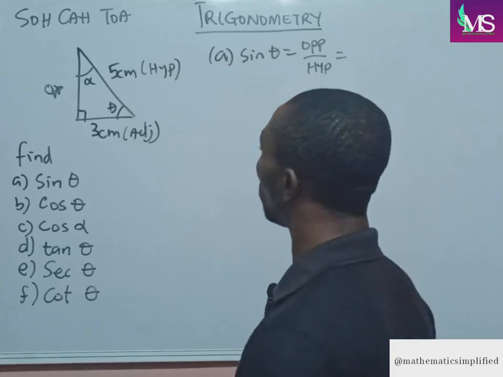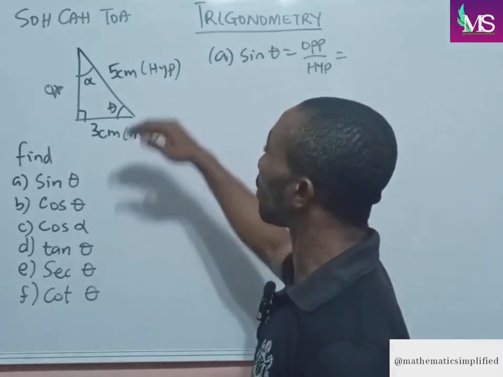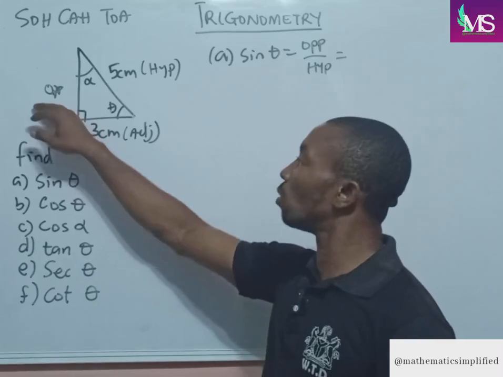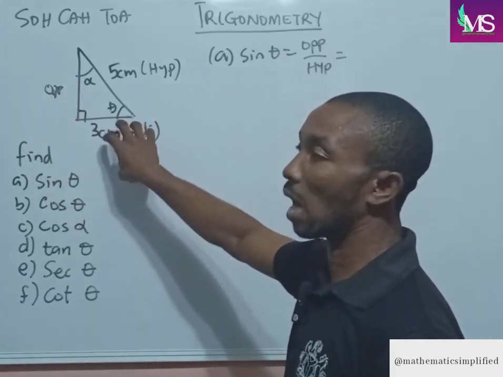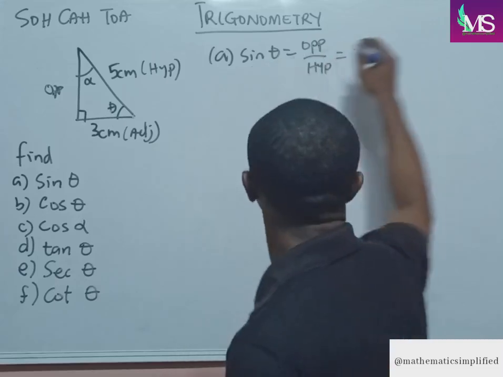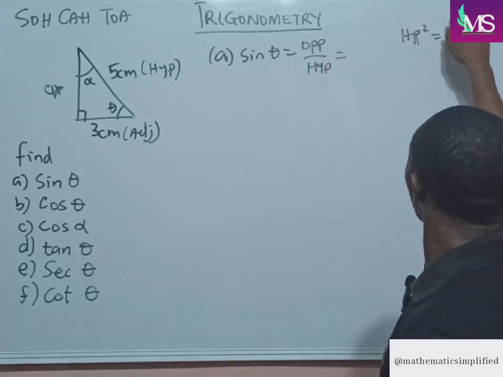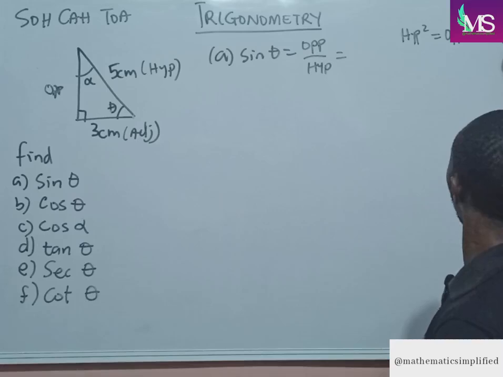Pythagoras theorem says that in a right angle triangle, the square of the hypotenuse is equal to the sum of the squares of the opposite and adjacent. So hypotenuse squared equals opposite squared plus adjacent squared.